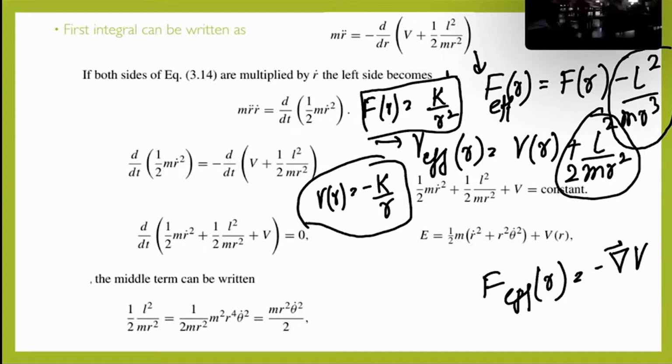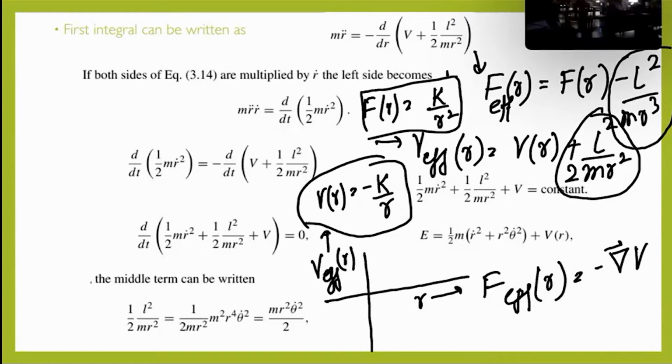How will you plot the potential part? Let me plot the effective potential for an inverse square law, V of R equals minus K by R. If this is your R, this is your V effective.